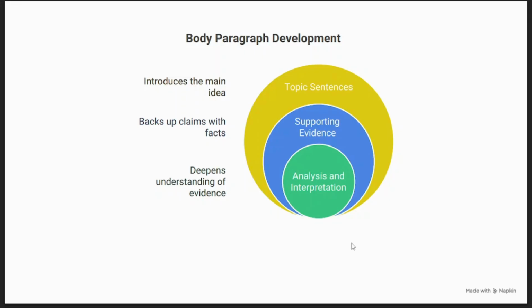Then next, you're going to have the supporting evidence. The supporting evidence is going to back up your claim. These are some of the sources that you had researched, the books that you had used, or the interviews, or maybe even the online sources.